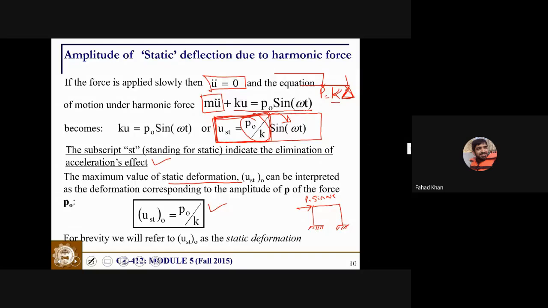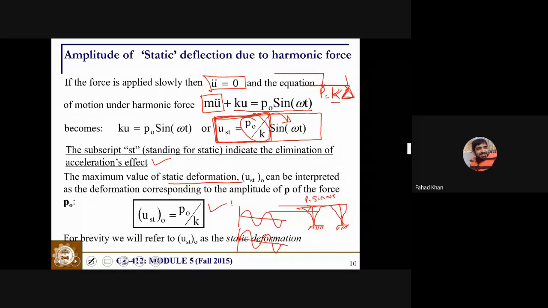It means that this force is changing its direction according to this formula. Now, if you apply this force really slowly, the structure will first move to this new position, and then after some time, the structure will go back to its other position. But it will follow the trend of the forcing function itself.